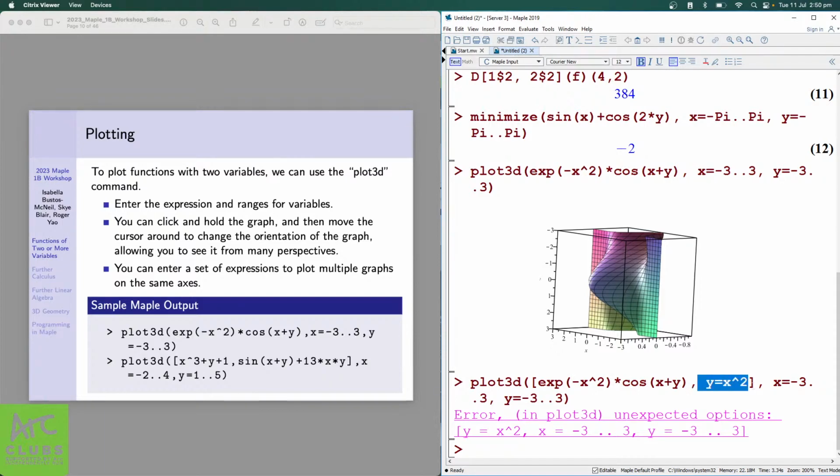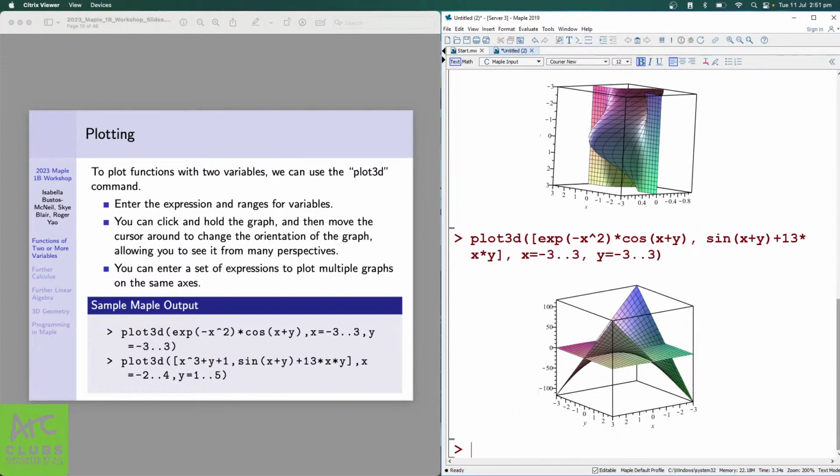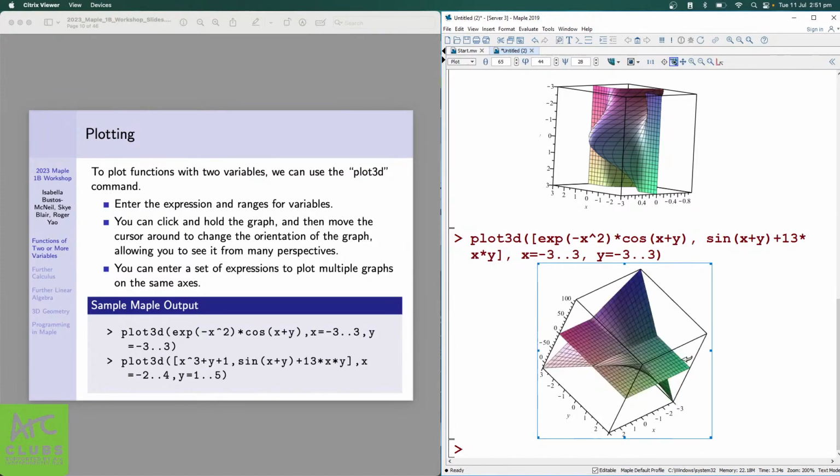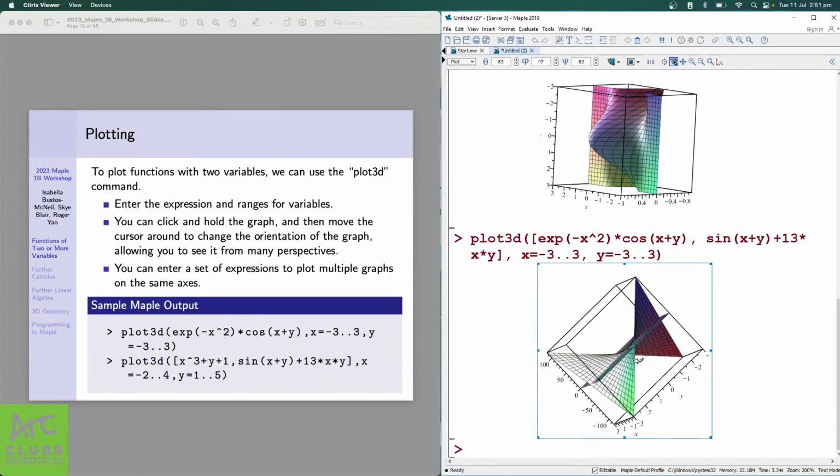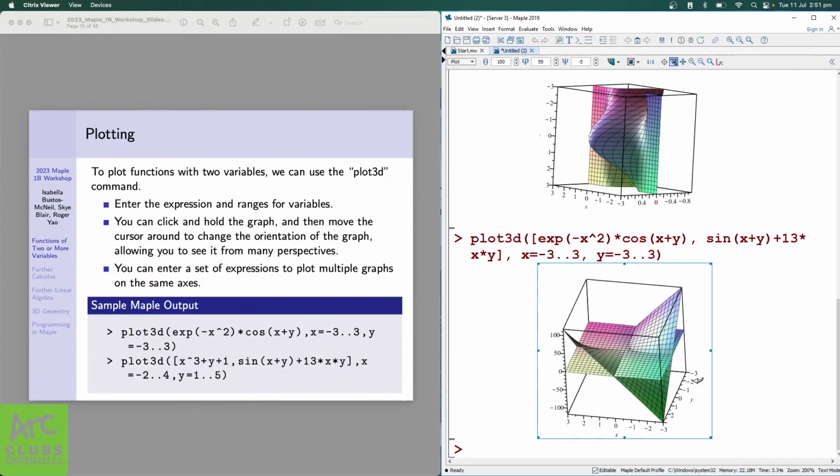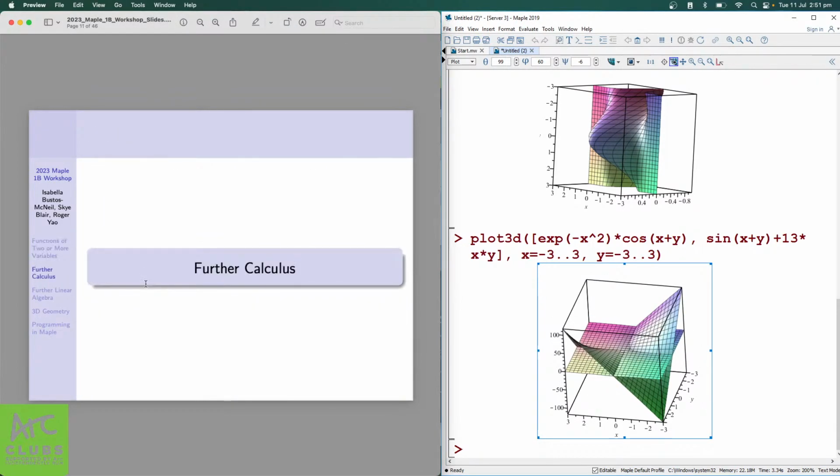Let me see, I'll put in a different function. So we can do sine of x plus y, plus 13xy. And we can see how it plots both of those functions on the same set of axes, and we can also manipulate it to spin it around and have a look.